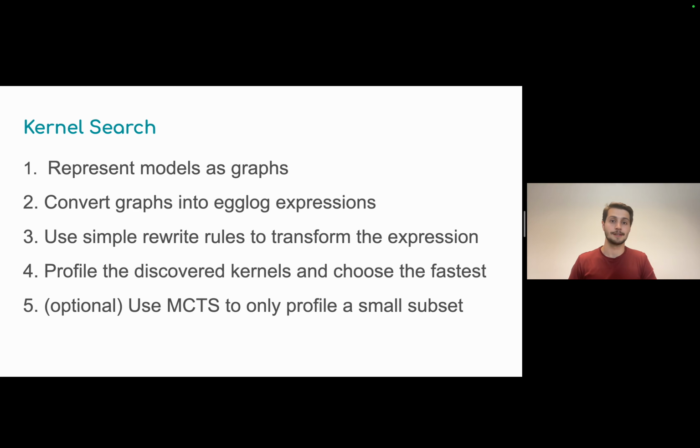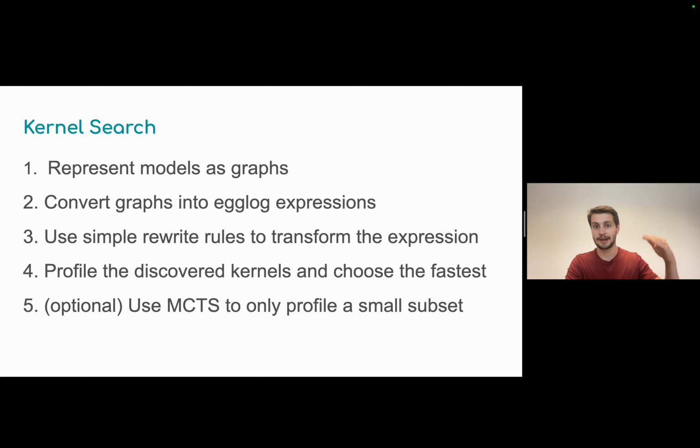So what does this actually look like? Well, we take the graphs that we were talking about before, and we convert them into expressions in this library called egglog. This library basically uses egraphs to represent this search space in a very memory efficient way. And then it does this search through all of these equivalent expressions, this equivalent intermediate representation.